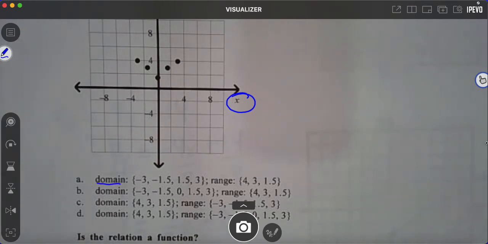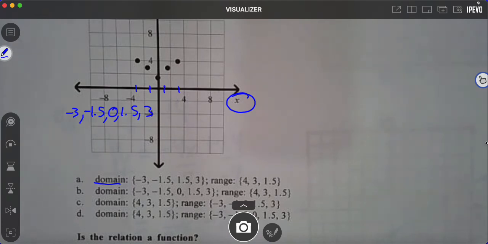So for my domain, it looks like -1.5, maybe a little bit more, then 0, over 1.5, and then 2, 3.